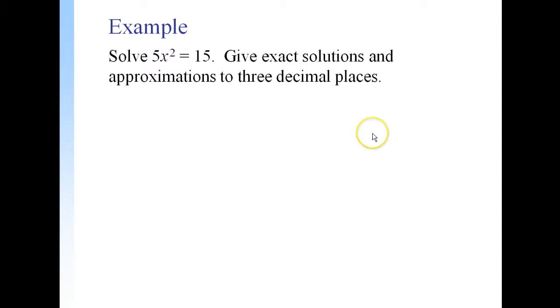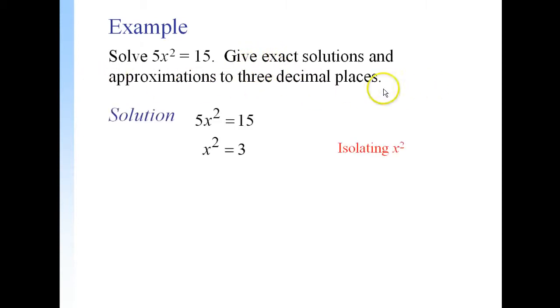So let's solve this one. And they're asking us to find an approximation to 3 decimal places. Well, what are they doing here? We want to isolate the x squared, so we're going to divide both sides by 5. And that's where we get x squared equals 3.